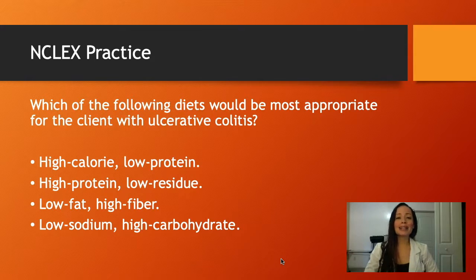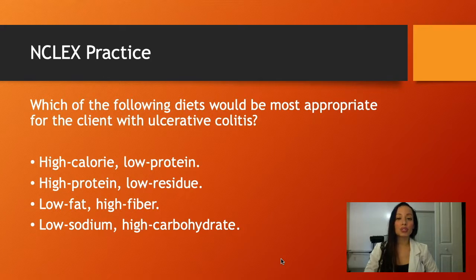So we want to give them more bang for their buck. Also remember that our bodies cannot digest fiber. So if something is already inflamed, do we really want to put lots of roughage, as we call it, or residue in there that it can get stuck in the pockets, in our little pouches in the intestine? No, not really. So the answer is going to be, what do you think?